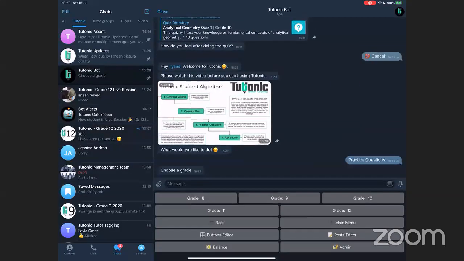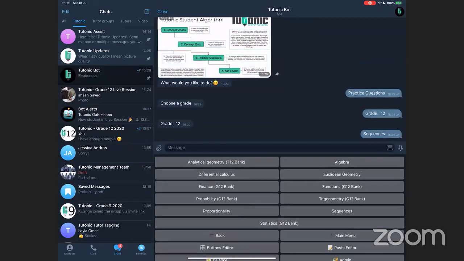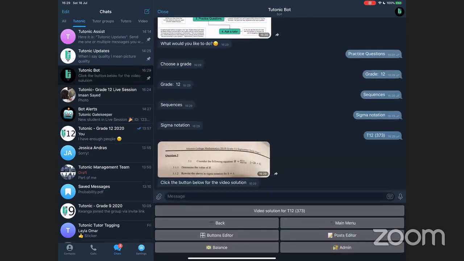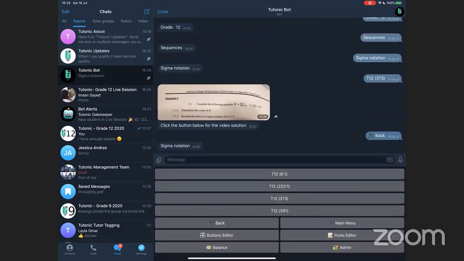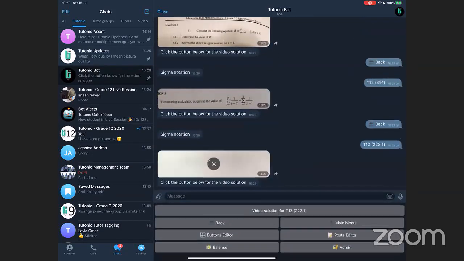It's under practice questions, grade 12, sequences, sigma notation. Is that the one? I think so, yeah. The same question? Yeah, it's the exact same one. Same book, definitely the same.